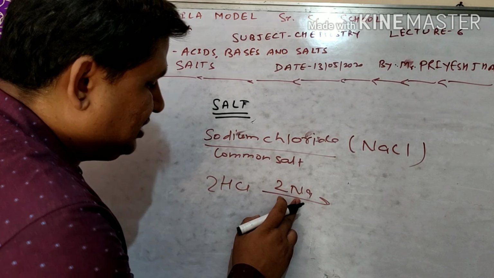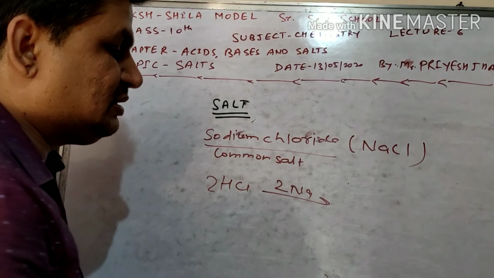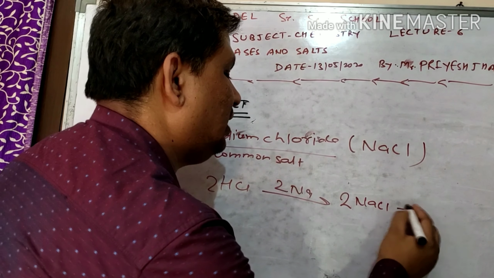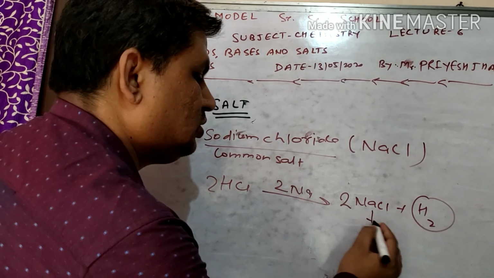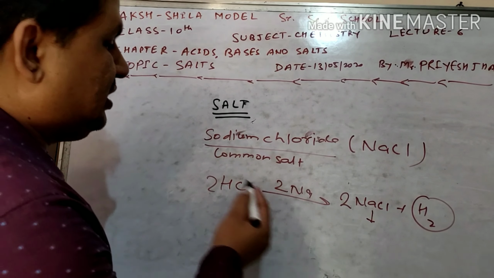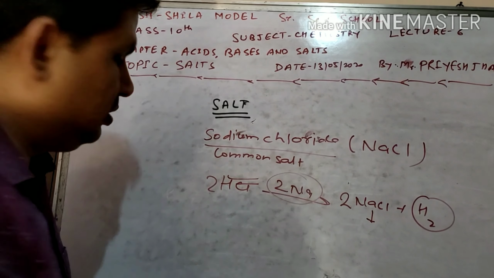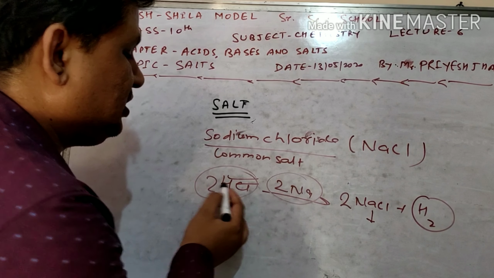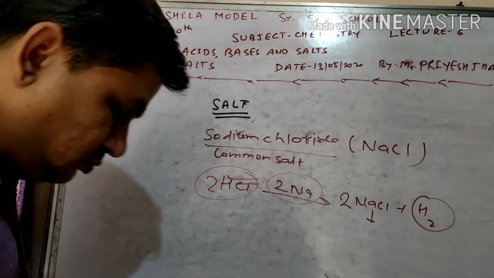This sodium metal replaces the position of hydrogen and becomes 2NaCl with the release of hydrogen gas. So this is sodium chloride, which is obtained when sodium metal dissolves in an acid, in this case hydrochloric acid.